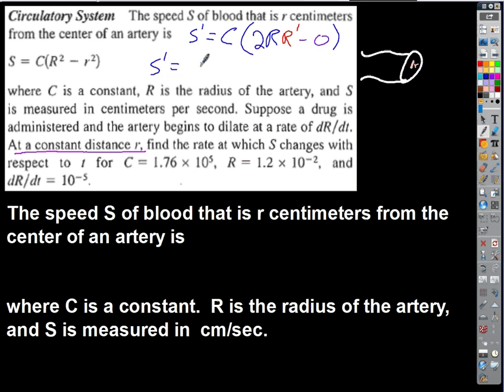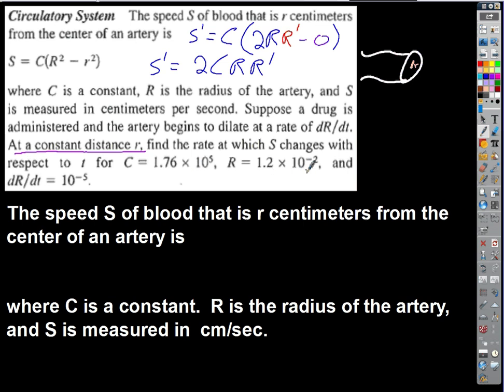S prime is equal to 2C R R prime, and all that is stuff that I'm given, right? C is some constant that they give us, right? R is the radius of the artery, and so we're taking this at the moment where the radius is that, right?